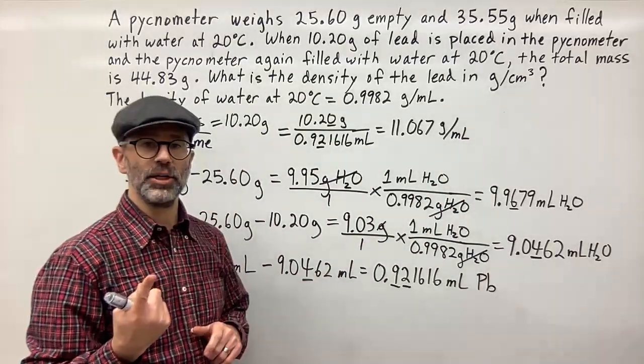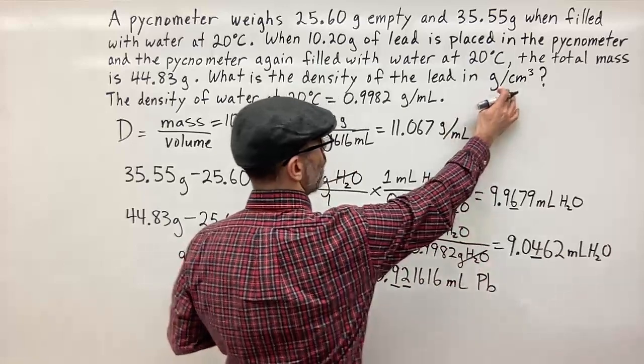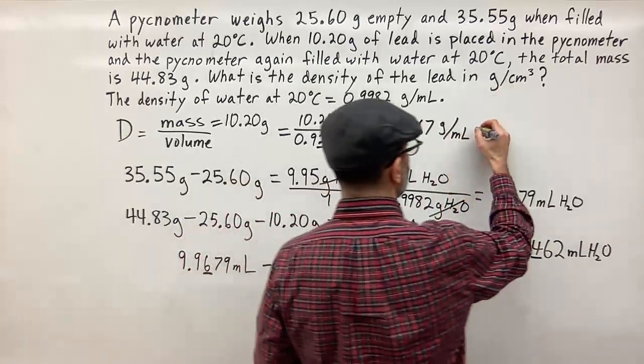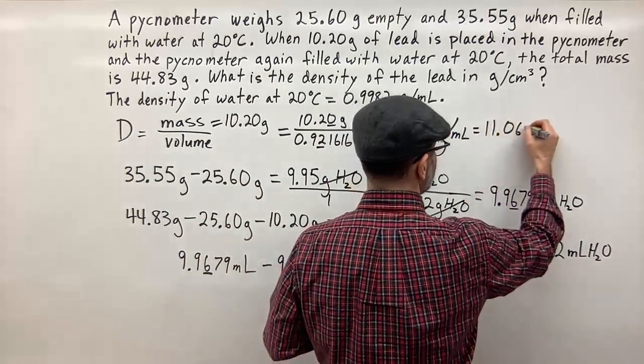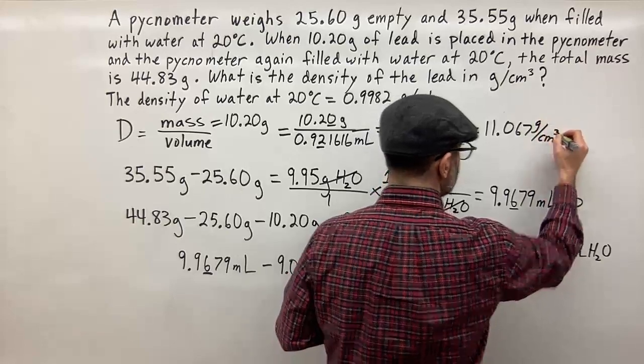And 1 milliliter is the same as 1 centimeter cubed. So they want grams per centimeter cubed, but 1 milliliter is the same as 1 centimeter cubed. So then that becomes 11.067 grams per centimeter cubed.